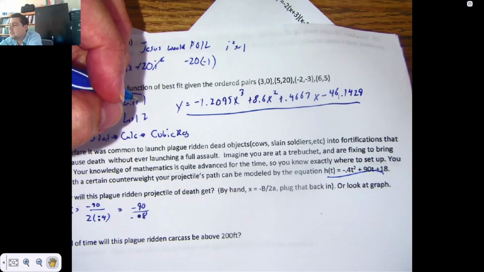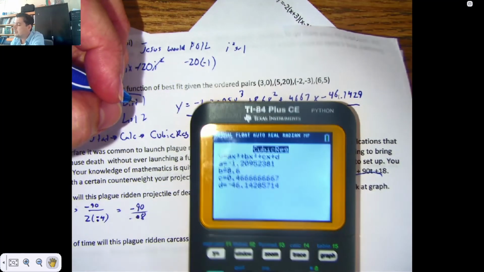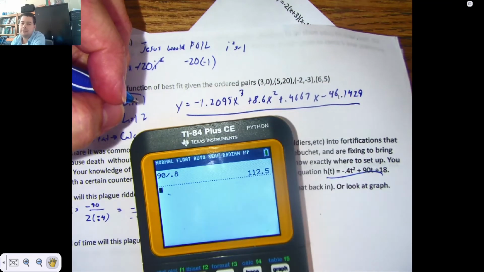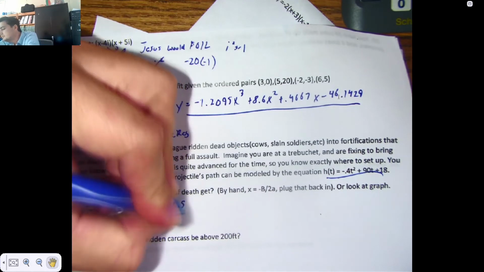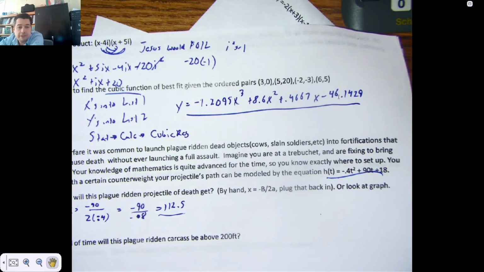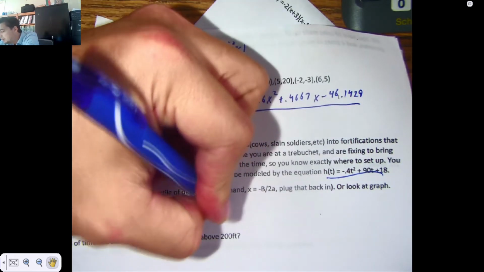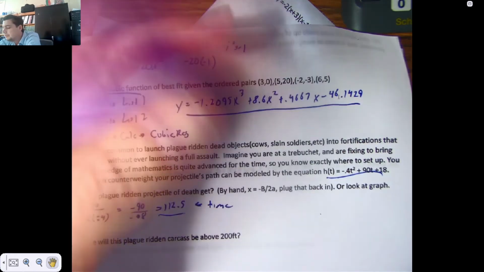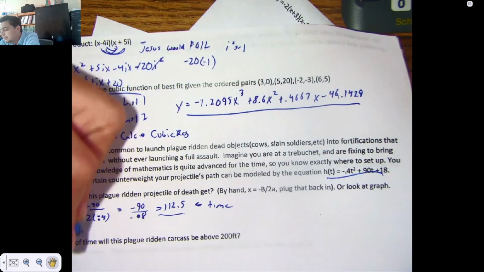I want to say it's 112.5. I feel like it's 112.5. So 90 divided by 0.8. 112.5. Anyways, that's the x value, right? This is the actual time because it's t. T is for time.